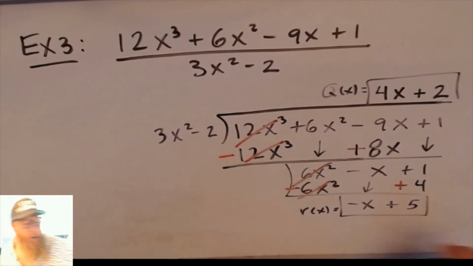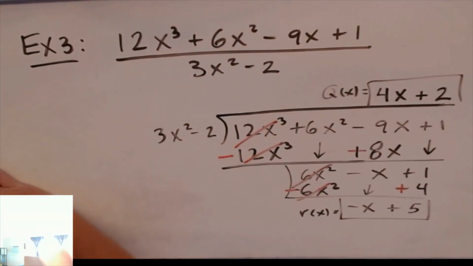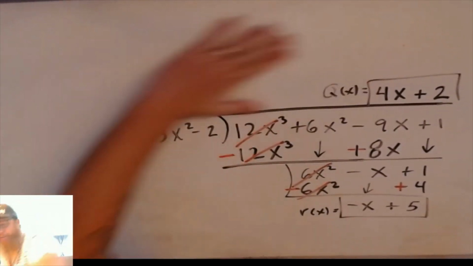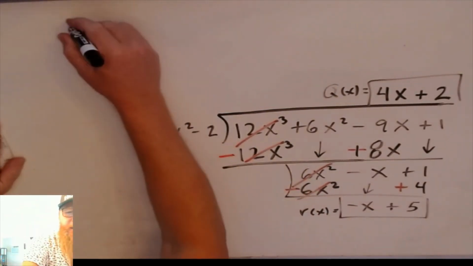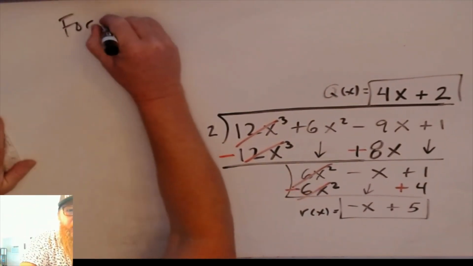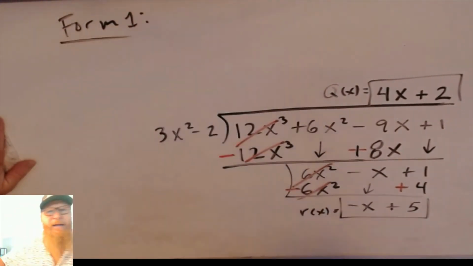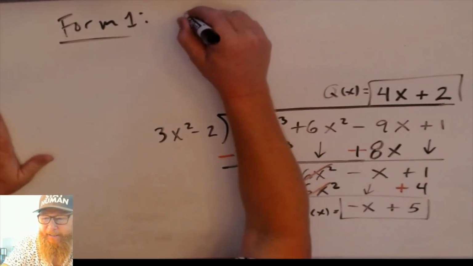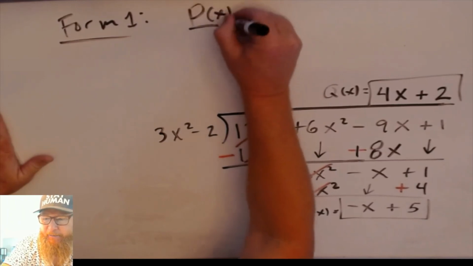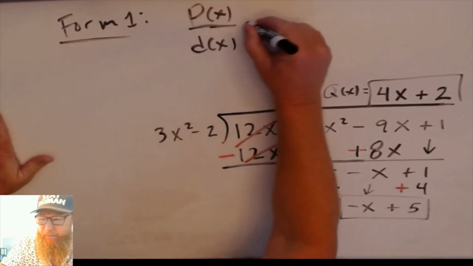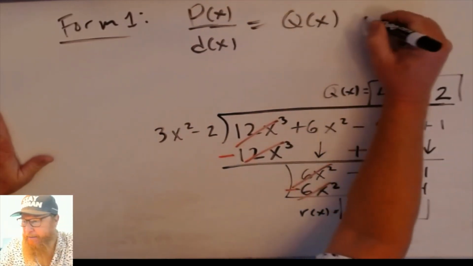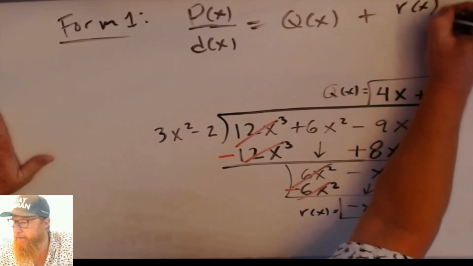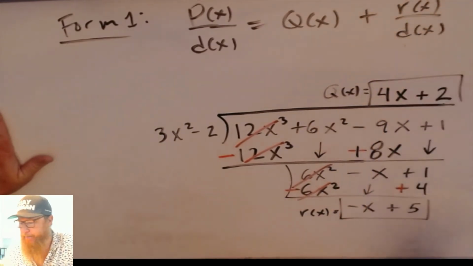So the most common representation of a division problem, I wish these had names, but it's just form 1: p of x over d of x equals q of x plus r of x over d of x.